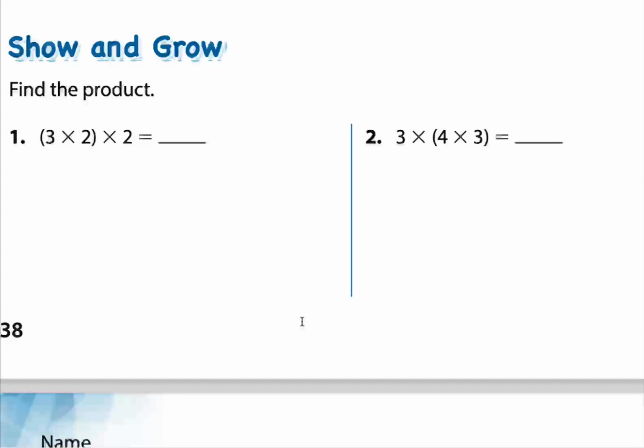Kareem? Where is Kareem? Okay, Kareem. We need to multiply, find the product. 3 multiplied by 2, multiplied by 2. Go ahead.